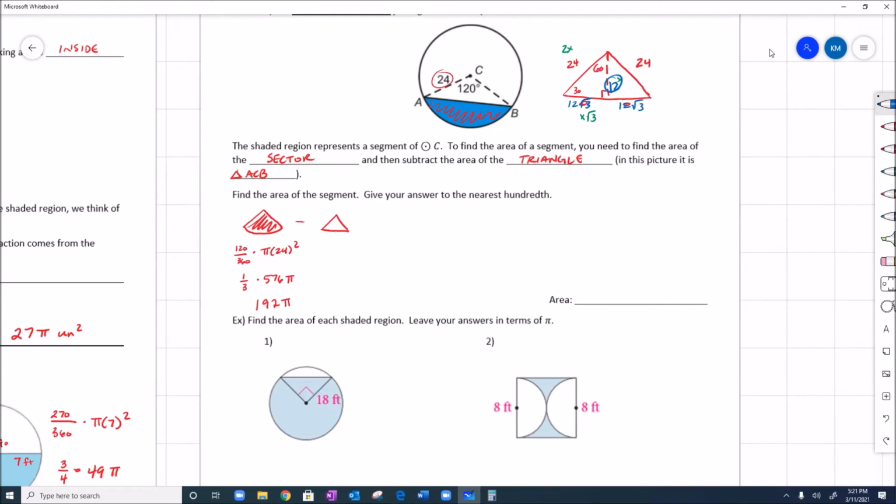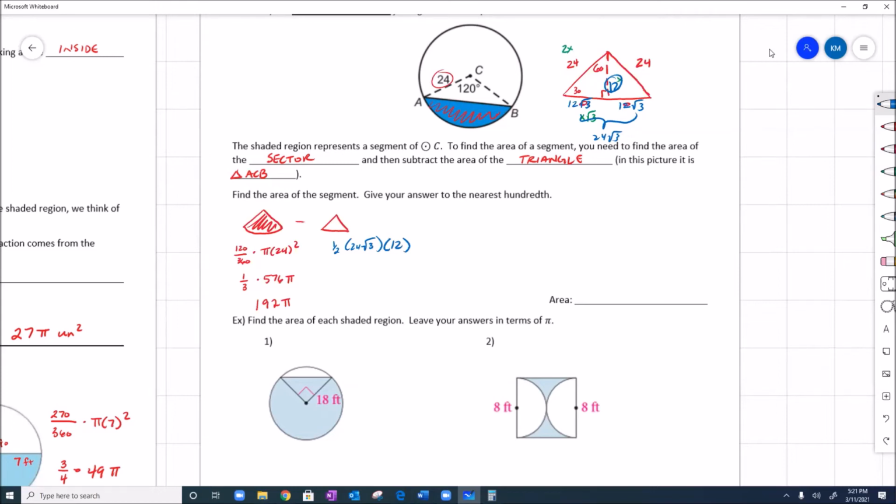Now as we're trying to find the area of our triangle, the area of the triangle is going to be 1/2 base, which we just found to be 24 radical 3, times height, which we just found to be 12.